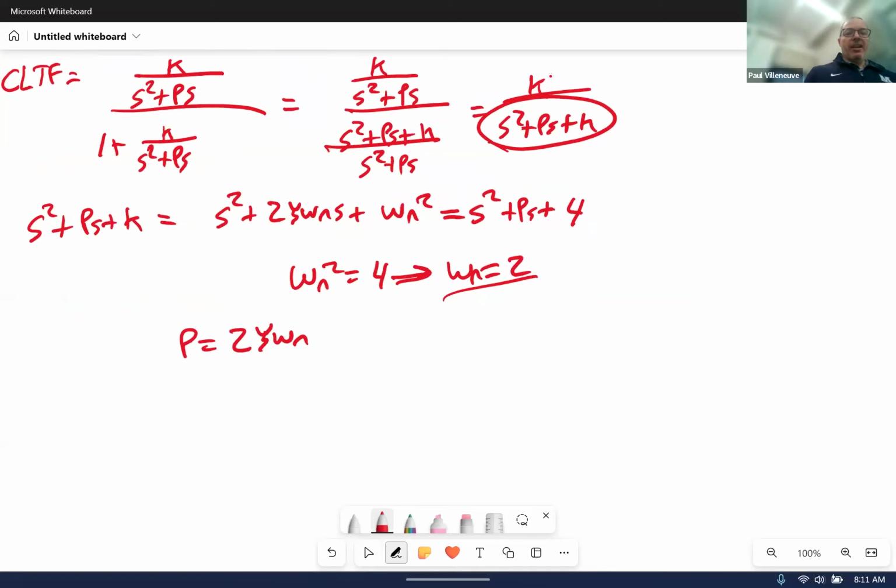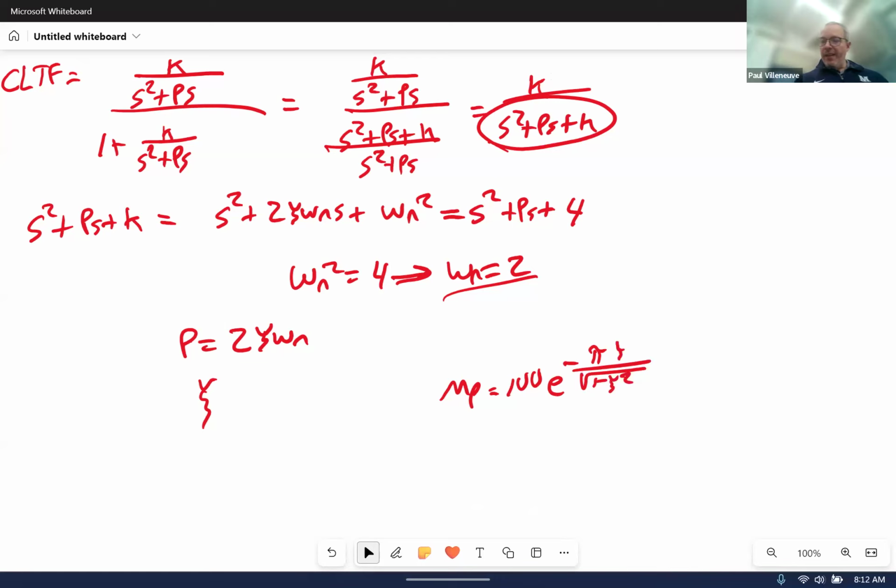Okay. So now we just have to solve for zeta. And if you remember my peak overshoot equation, maximum percent overshoot is going to be equal to 100 e to the minus pi zeta all over the square root of 1 minus zeta squared.